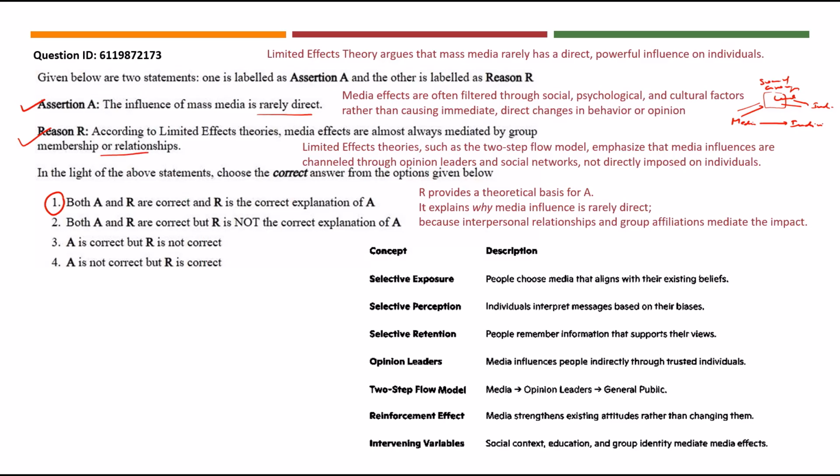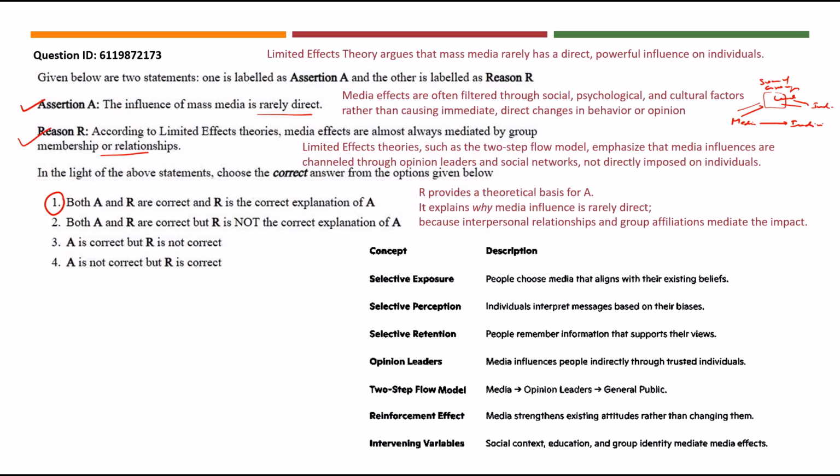We have some more terms regarding this limited effects theory: selective exposure, selective perception, selective retention, opinion leaders, two-step flow model, reinforcement effect, intervening variables. We will see all these terms because next time this could turn out to be a question.